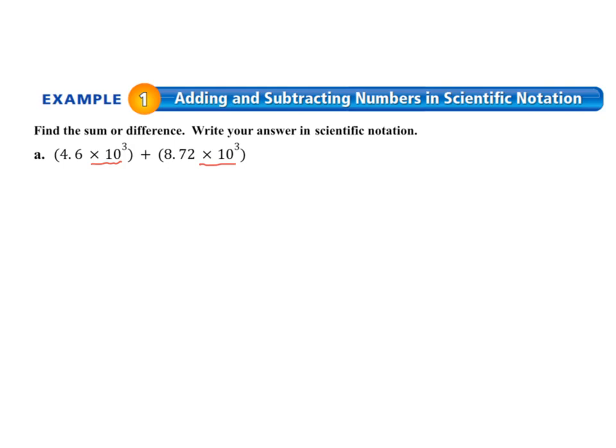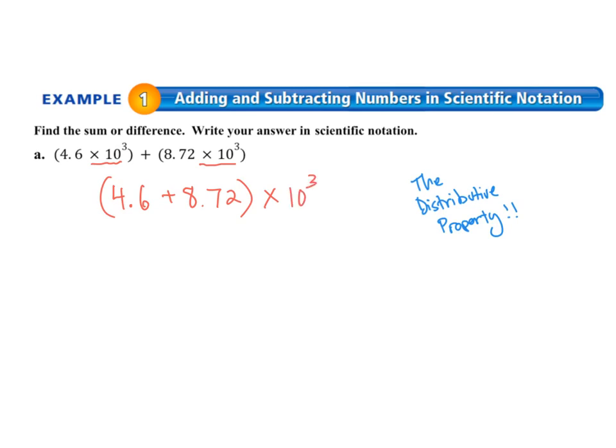So this is the same as saying 4.6 plus 8.72 all together times 10 to the third. If you're feeling a little skeptical, remember that if we distributed this 10 to the third back in, we would get back to where we started. So it really does give you an equivalent expression.